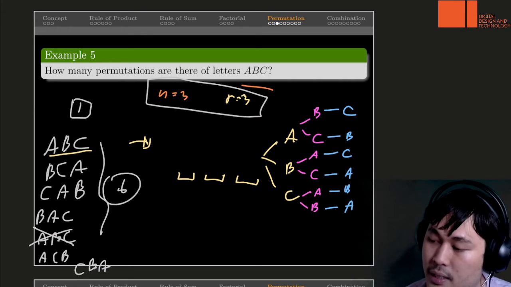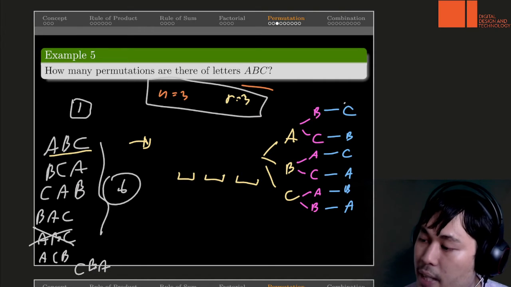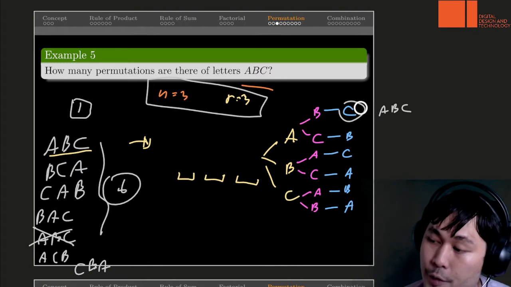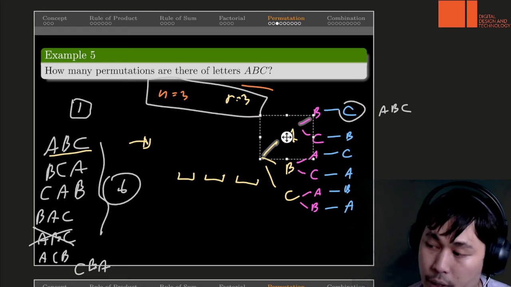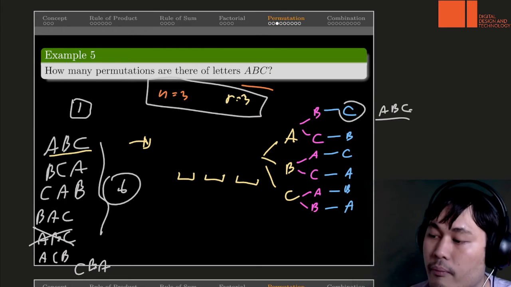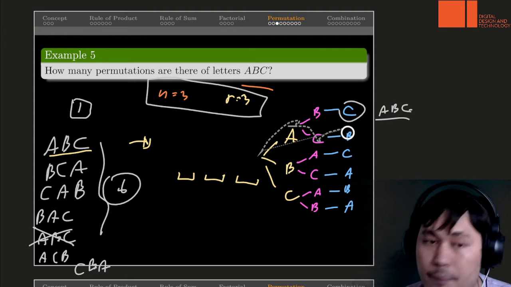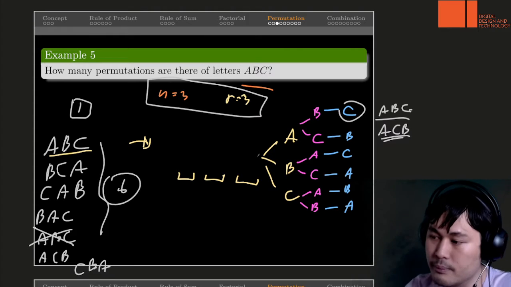Then you can see that these are all the possible ways to choose letters, and each leaf corresponds to a different permutation. The first leaf, the topmost, comes from A and then B and then C, so it's the permutation ABC. The next one corresponds to A and then C and then B, so it's ACB.